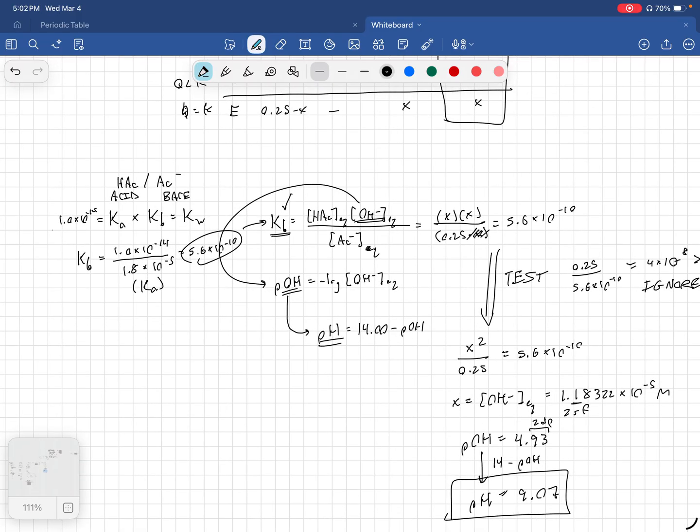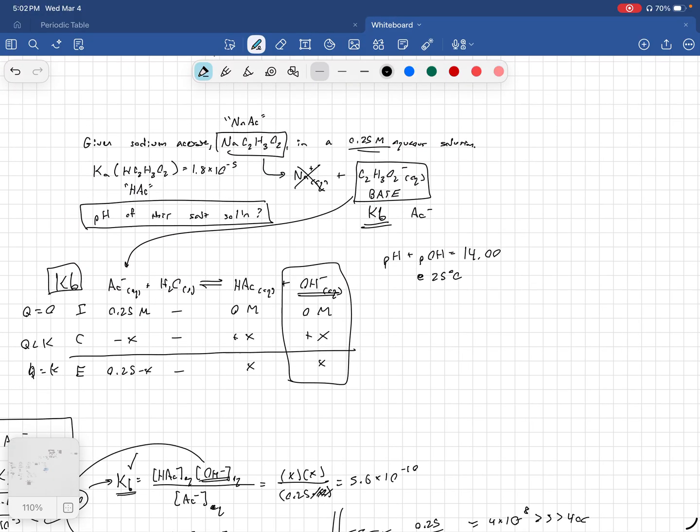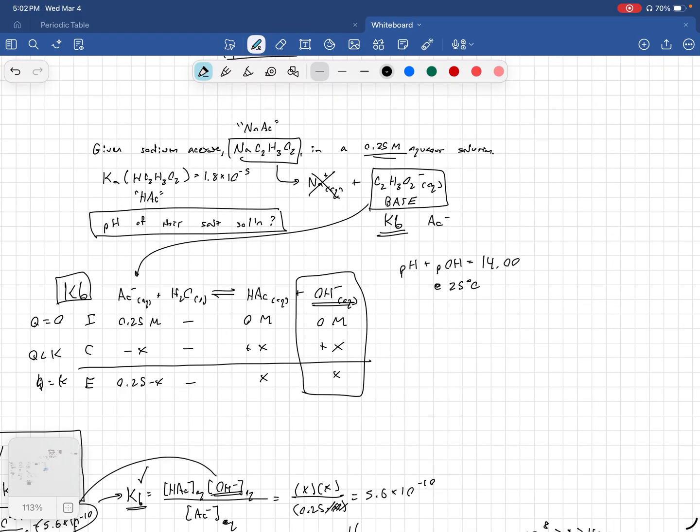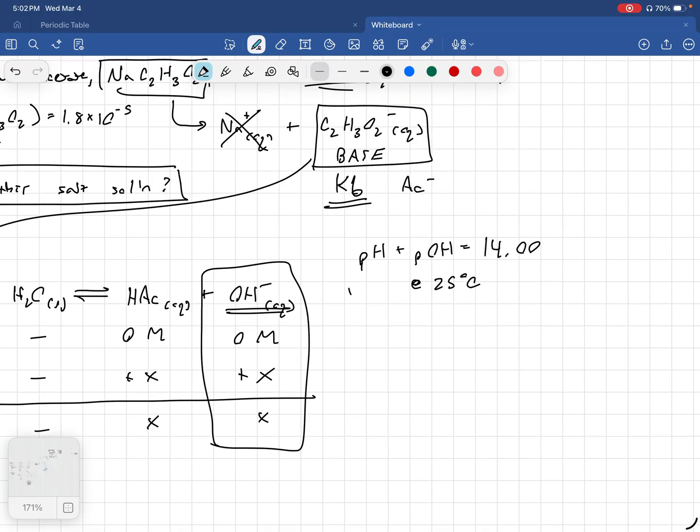So remember that for conjugate acid-base pairs, we can convert between Ka and Kb by using 1.0 times 10 to the negative 14th. Also remember, on these types of problems, if you're doing a Kb problem, X will be the OH minus concentration.